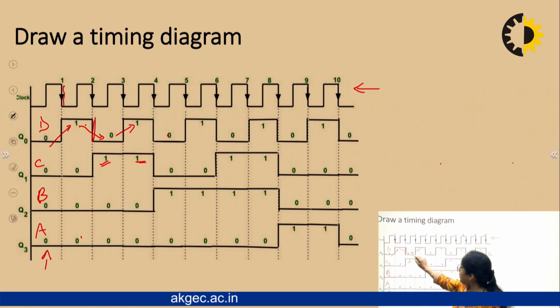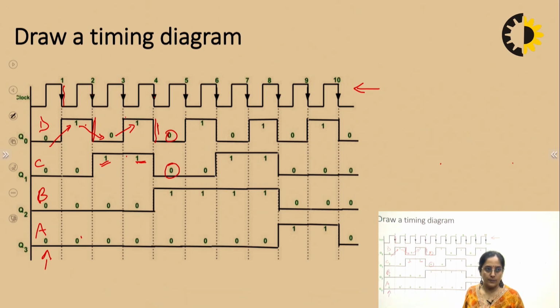For this transition, 0 to 1, we are getting 1 also. But for this value, D is 0, so C will be converted to 0. And here we again get 0. For this clock, we get value 1.